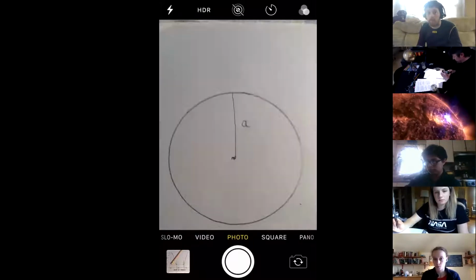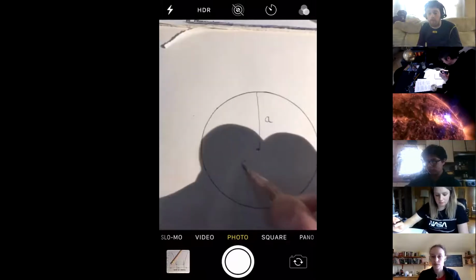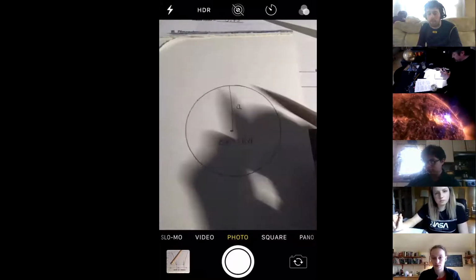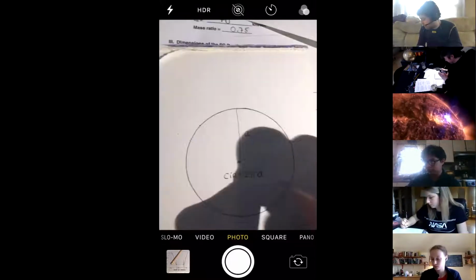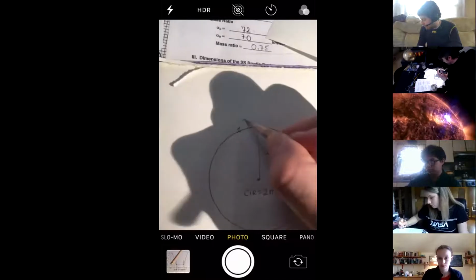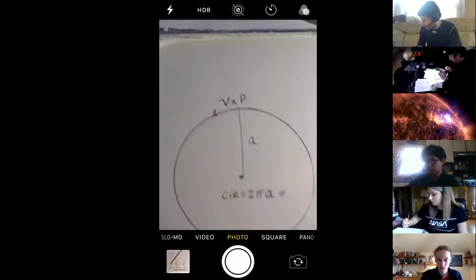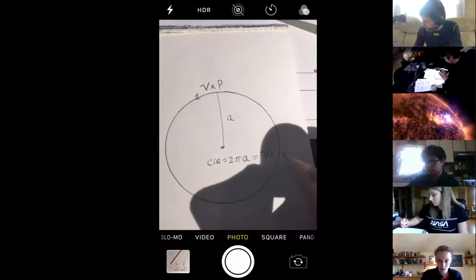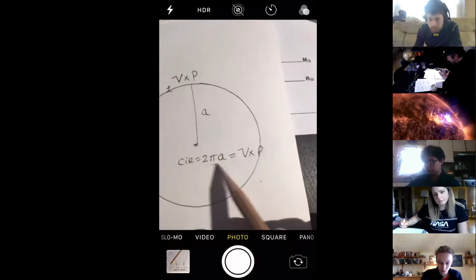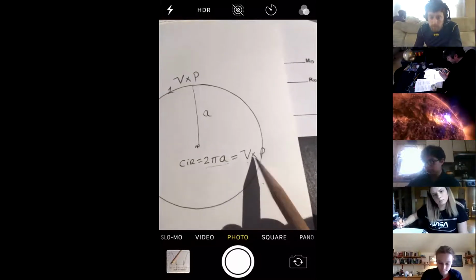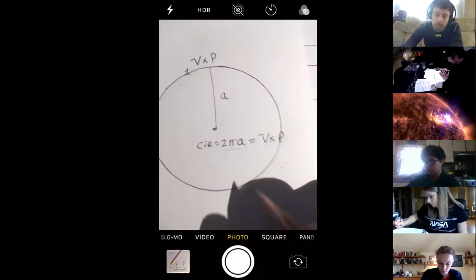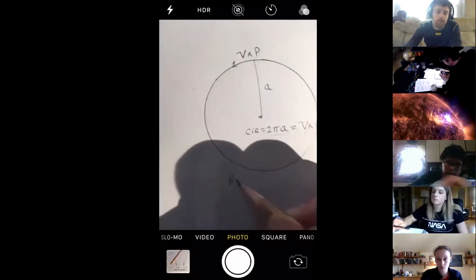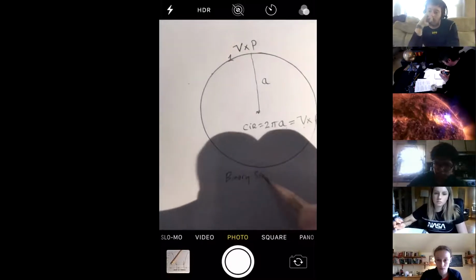And the radius of the circle is A. The circumference of the star's circular orbit is 2 pi A. But if it travels at velocity v, and if one orbital period is P, then distance equals rate times time tells us that it should travel around the circumference at this velocity times P, the period of observation. And I can use this to solve for A, the semi-major axis, and get something called the binary star orbit formula.